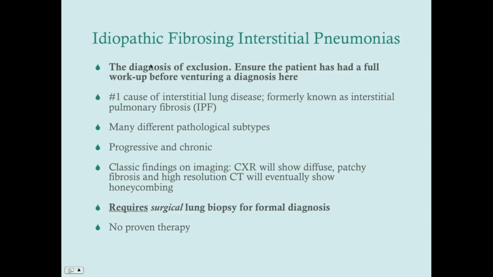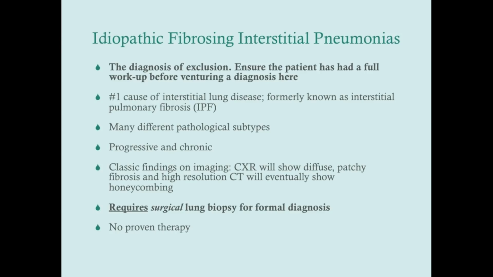And the reason is because the only way you can diagnose IFIP is by a surgical biopsy. You require a surgical biopsy for formal diagnosis. And the reason is because there are multiple different subtypes of IFIP. And so in order to know exactly what IFIP the patient has, which is going to affect the patient's prognosis, you have to get a surgical biopsy.